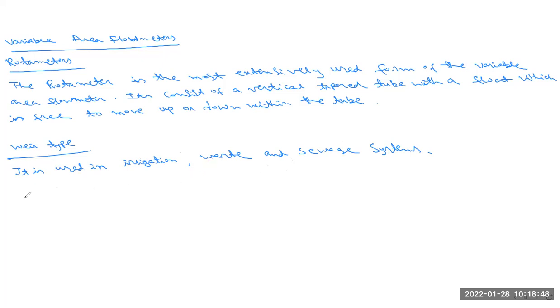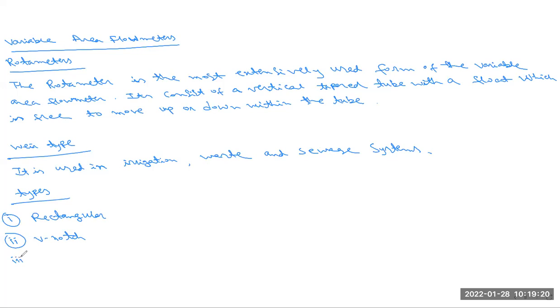Basically, this weir type is classified into three categories. Number one, it is rectangular shape. Number two, it is the V-notch.